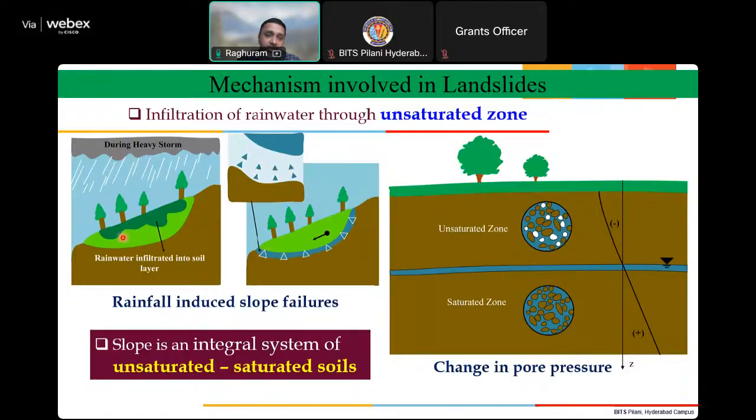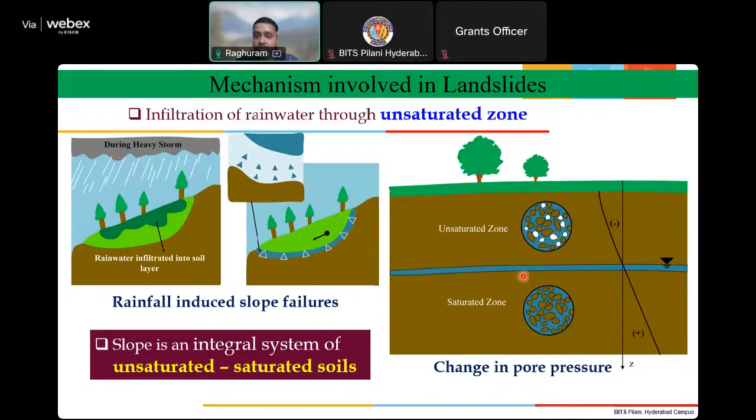Initially, the water is slowly penetrating into the soil, and this gives a single push and it initiates the slope failure. If we look at the soil zonation above the water table and below the water table, here we have three components: water, soil particles, and air particles. This we call the unsaturated zone because it's not fully saturated.